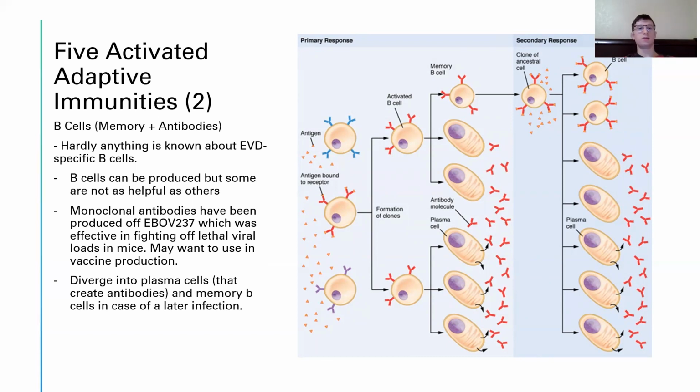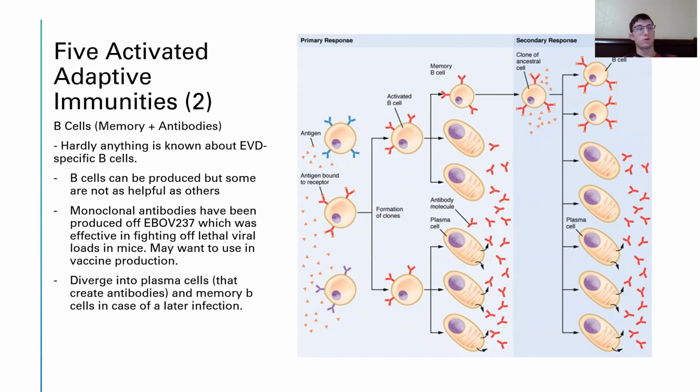The second adaptive immunity I'm going to talk about is B cells, specifically memory B cells, and maybe how they start to differentiate into plasma cells and certain antibodies. There are many studies I just want to mention before I start talking about their antibodies.